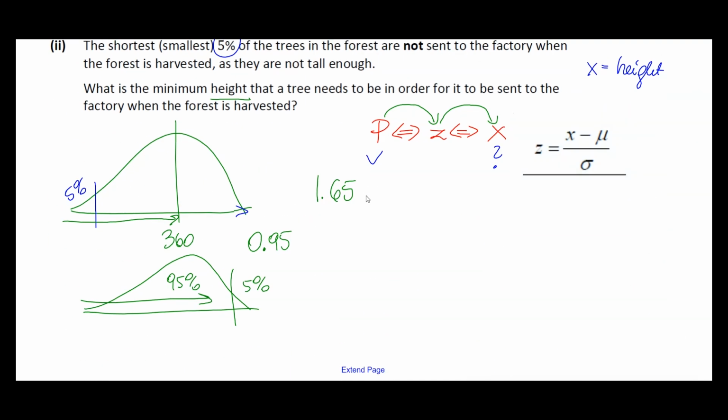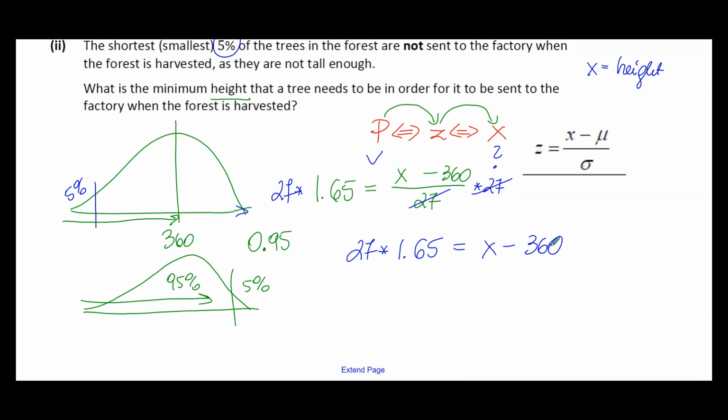So 1.65 equals x, what I'm looking for, minus the mean of 360, divided by the standard deviation of 27. To eliminate the denominator, we multiply both sides by the denominator, so 27 is gone. So I have 27 multiplied by 1.65 equal to the top of the fraction, x minus 360.